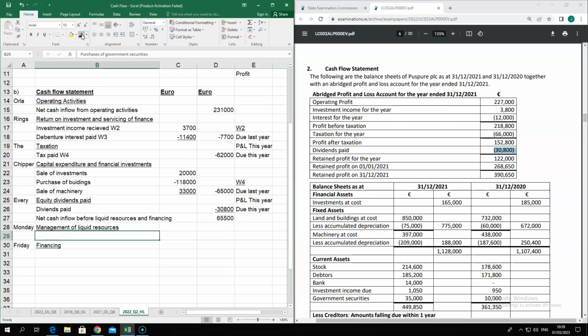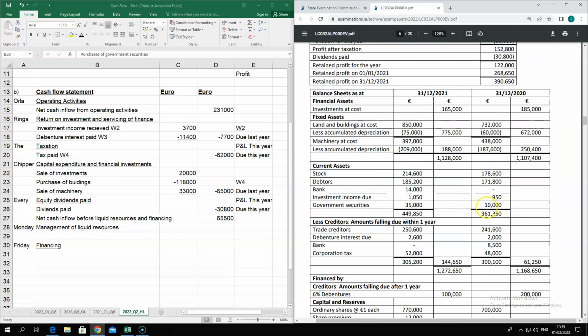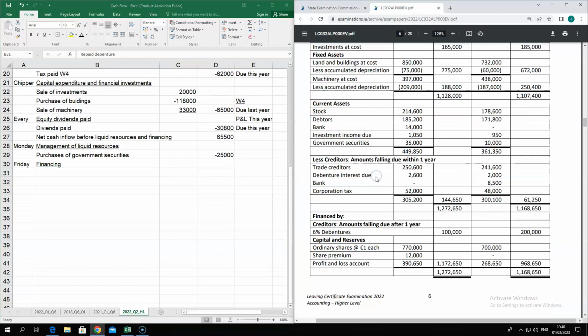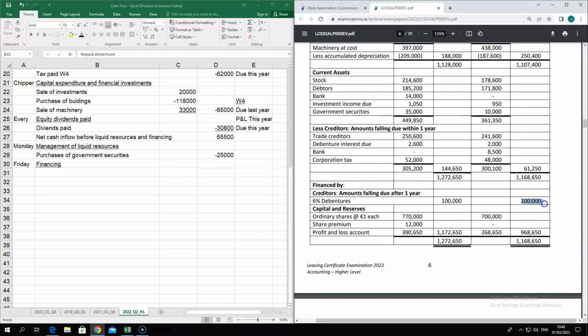Okay, so management of liquid resources if you buy any government securities. So it says government securities have gone from 10 grand to 35. So that is 25,000 you've bought, and it's a minus figure. Financing, so you look at your financing section. Your debentures went from 200 to 100, so you must have paid back 100,000 debentures. Your shares went from 700 to 770, so you must have sold shares, so that's an increase.